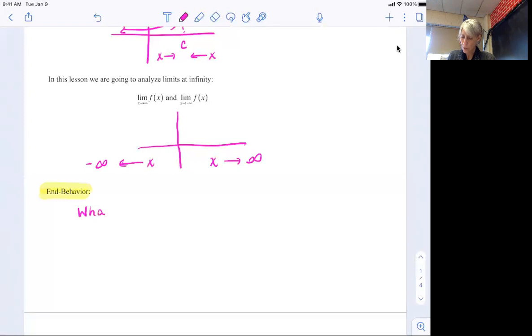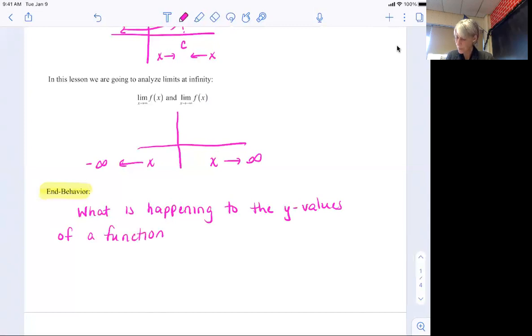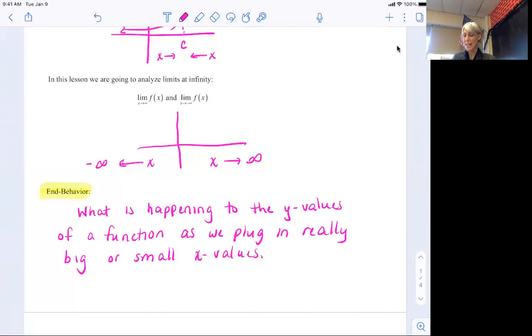And remember, that's just what is happening to the y values of a function as we plug in really big or small x values. So we're talking about the end behavior.